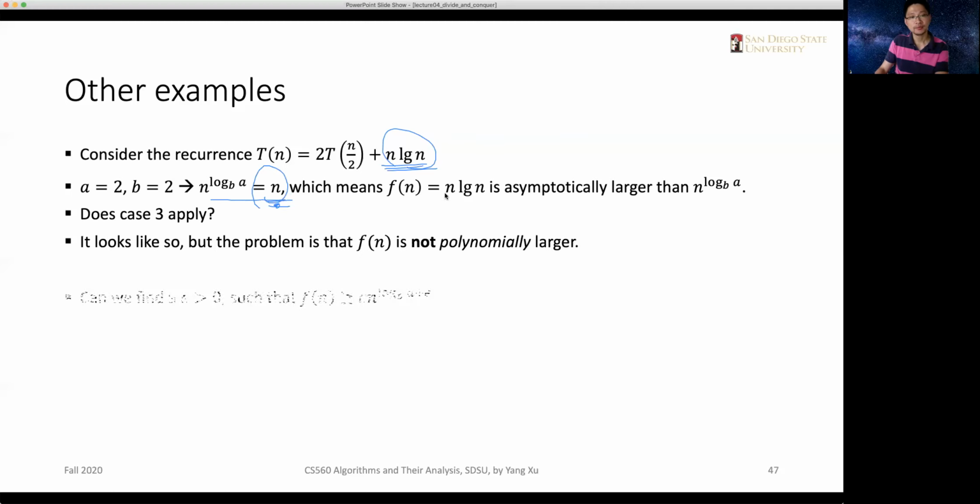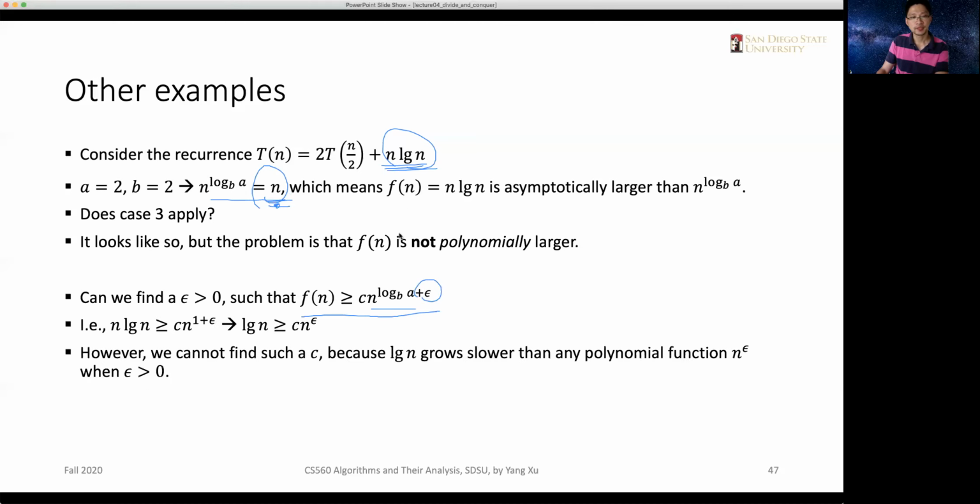So why? Because we cannot find an epsilon that makes the function f of n greater than c times the polynomial function by a polynomial factor here, right?